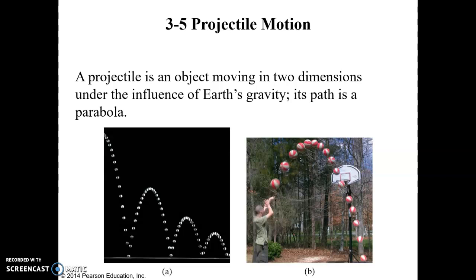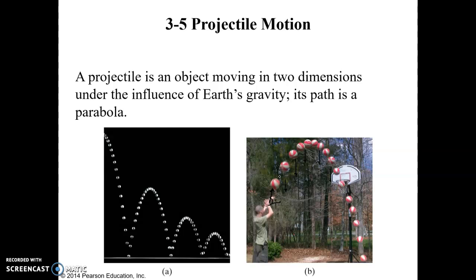Like the guy shooting a basketball here, he gives the ball an initial force vector. It moves at some angle with respect to horizontal. And as the ball travels, it is being affected by gravity. Gravity is accelerating it downward.